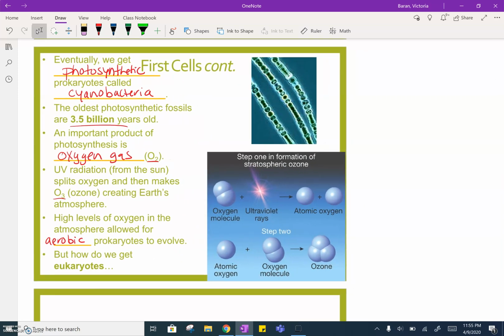So we are not quite there yet to eukaryotic cells. I've been just talking about prokaryotic cells, which are very simple cells, things like bacteria. Eukaryotic cells, which is the type of cells that make us up, are much more complex. And I will talk about how we get from these prokaryotic cells to these eukaryotic cells in the next video.